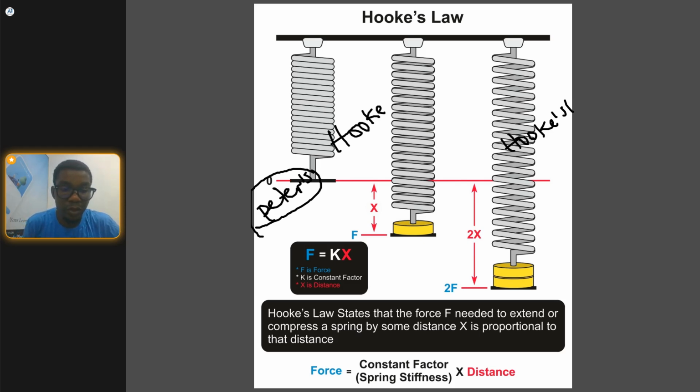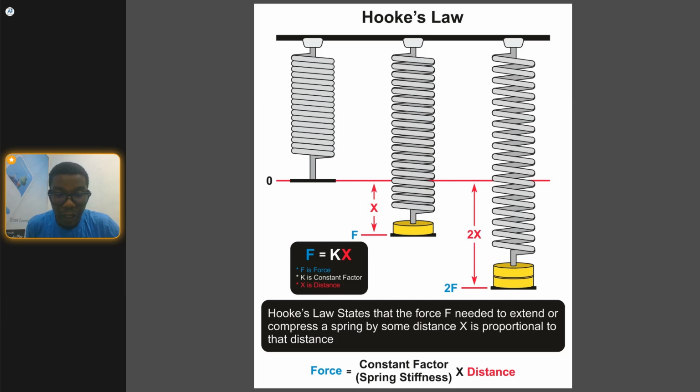So we are talking about Hooke's law, and Hooke's law has to do with elasticity, and we have this diagram to explain it. Hooke's law states that the force F needed to extend, that is, if there's no force, there will not be an extension in an elastic material. No force, no extension.